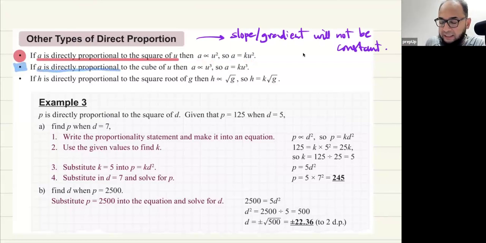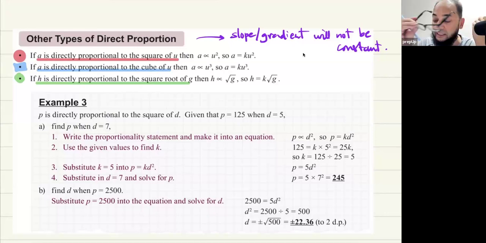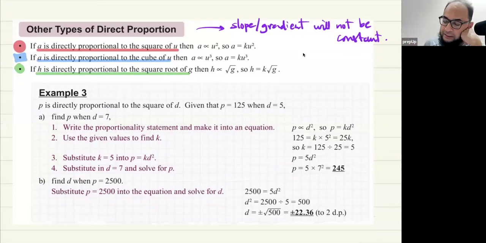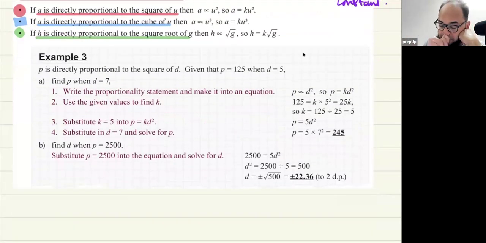If A is directly proportional to the cube of U. So it could be square, it could be cube, it could be square root, it could be cube root. The third one: if h is directly proportional to the square root of g. So these are three examples of direct proportionality, but it's not a straight line. Now let's look at the first worked example over here.